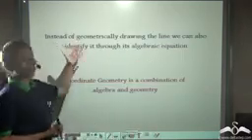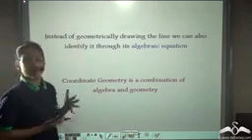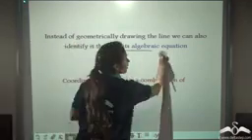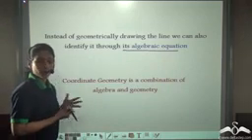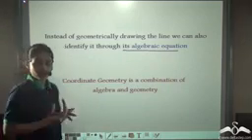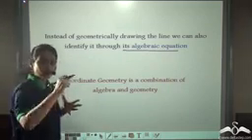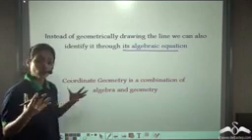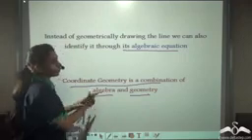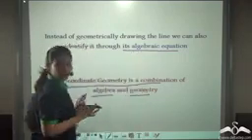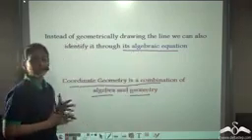Now, instead of geometrically drawing the line, we can also identify it through its algebraic equation. Here what we were doing, we were seeing what information we have got, and according to that we were drawing the line. But every time you may not have such information. So here what we will do, we will find out the algebraic equation of such informations and then solve it.